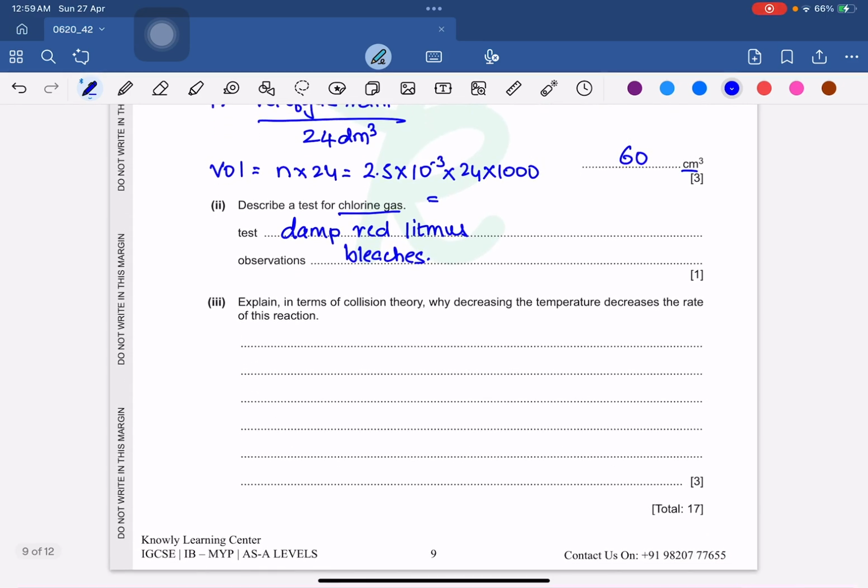Next question. Explain in terms of collision theory why decreasing temperature decreases the rate of this reaction.